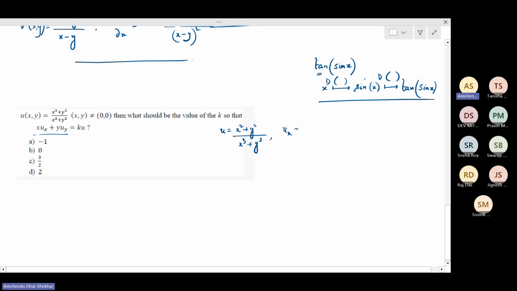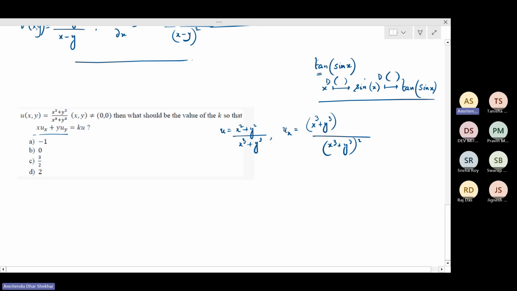Then ux is equal to (x cubed plus y cubed) squared in the denominator, times the numerator: x cubed plus y cubed, and then you take the partial derivative of the numerator with respect to x, which is twice x, minus this term x squared plus y squared, and then you take the partial derivative of the denominator with respect to x, which is 3x squared.